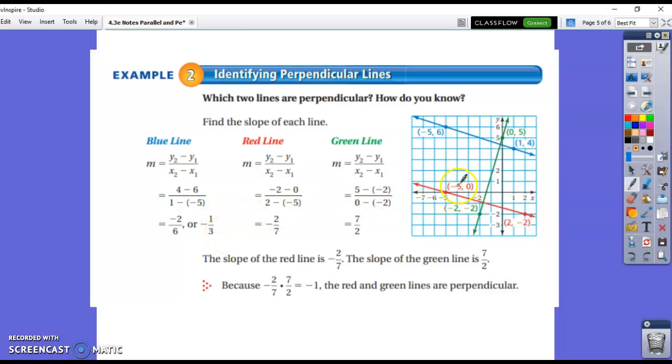The red line is down 2 over 7, so it'll be -2 over 7. And then the green line, you start here, you count up 7 and over 2, so that would be 7 over 2. So if you see here, -2/7, flip it and change the sign, you get 7/2. So you know that those are perpendicular.